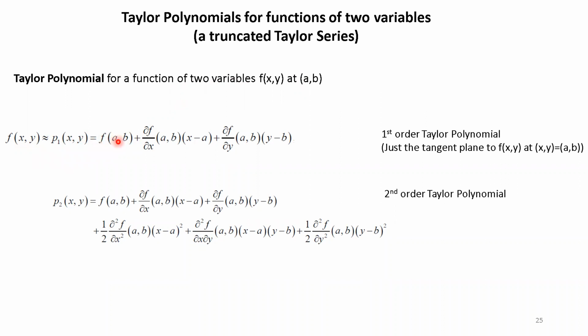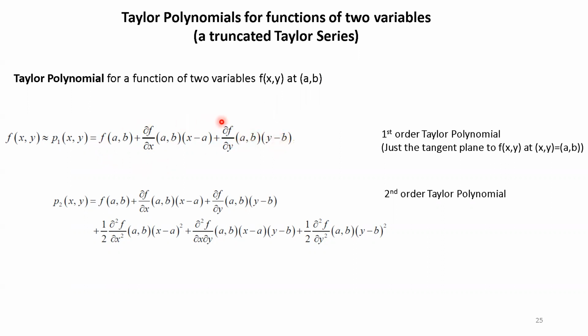Then I have this term, which is given by a linear term x minus a times the partial derivative with respect to x at this point (a, b), and the other term is the linear term in y times the partial derivative with respect to y at (a, b).